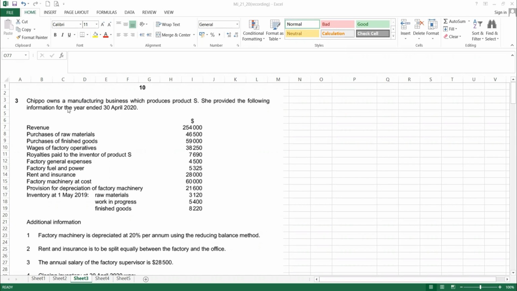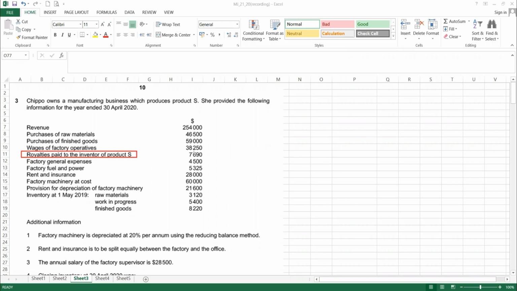She provides the following information for the year ended 30th April 2020: revenue, purchases of raw material, purchases of finished goods, wages of the factory operatives, and royalty paid to the inventor. This royalty fee is a direct cost, because it is based on how many units you produce, and you have to pay the inventor.